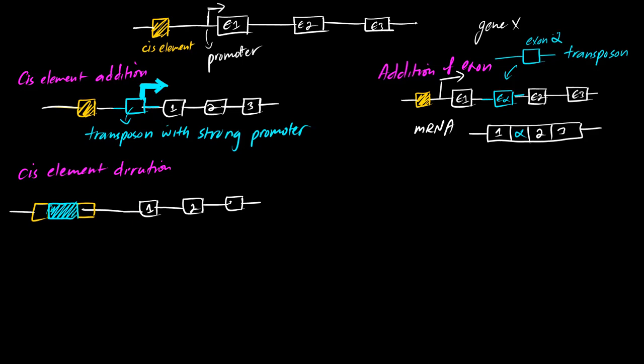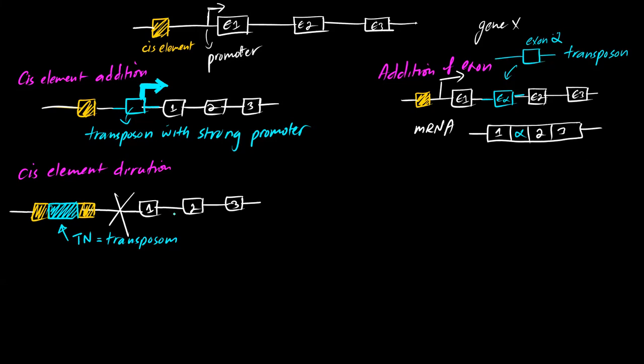Okay. So here we have no expression because this cis element, it might be an enhancer, was disrupted by the transposon. So this is the transposon, Tn. So Tn equals a transposon. So this is cis element disruption.